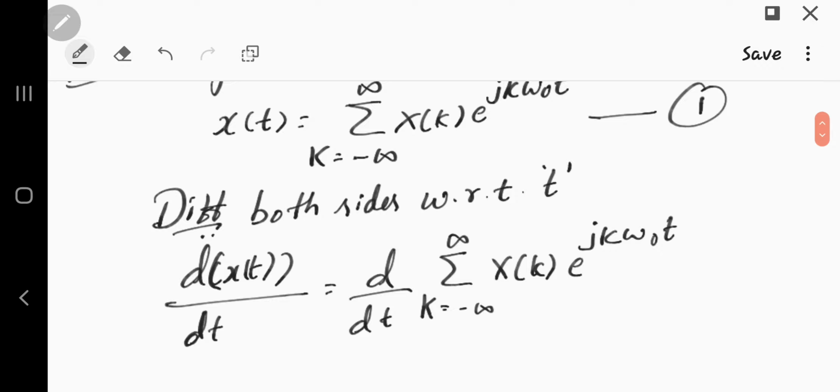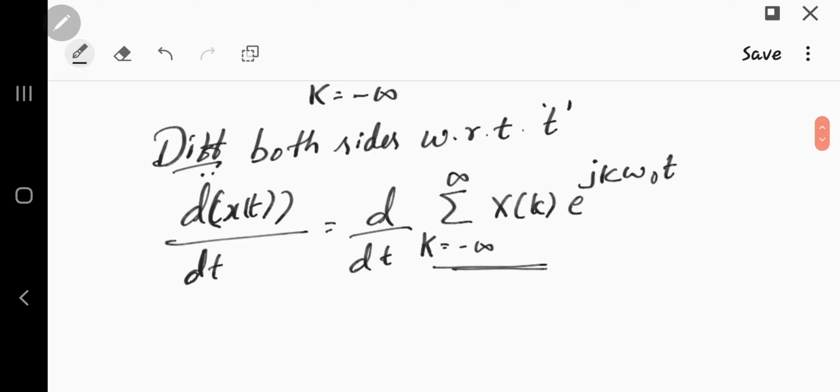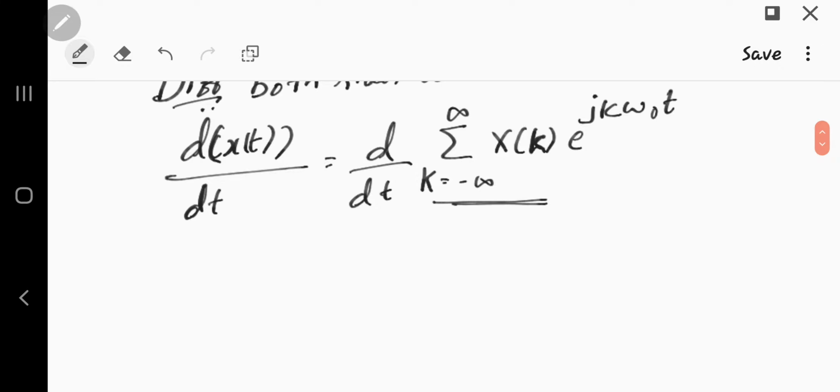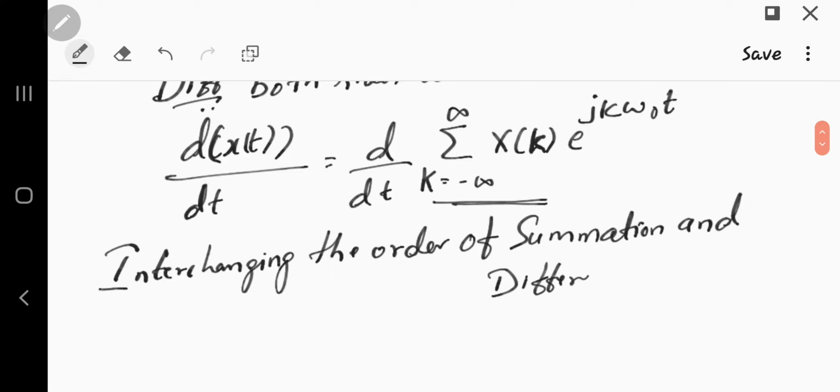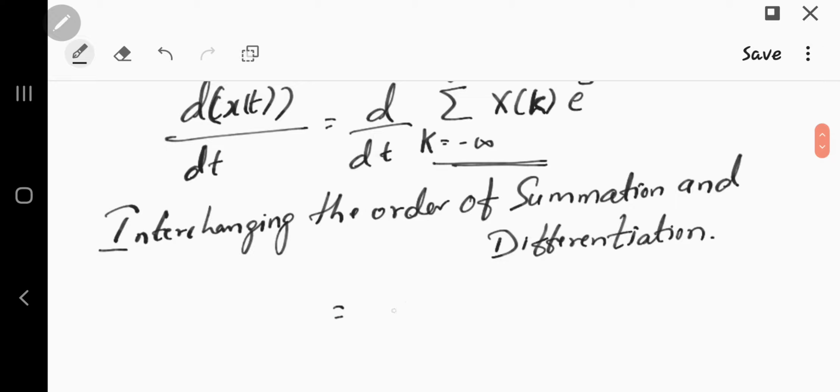Okay. So since we have to perform differentiation, this term x of k in the summation becomes constant with respect to that. So interchanging the order of summation and differentiation. Now if you interchange this order, so then what happens to this?